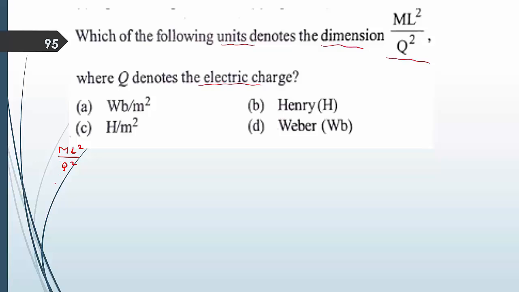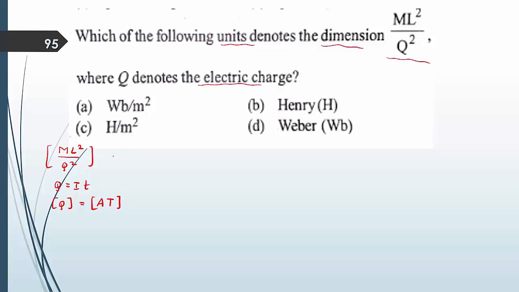Here we know that Q equal to I into T. I equal to Q by T, Q equal to I into T. This is the given equation. In that I am going to take one term outside, Q. Q means I into T. Easily we can write its dimensional. Q equal to current is ampere, time indicates T. A into T. This is the dimension for charge.